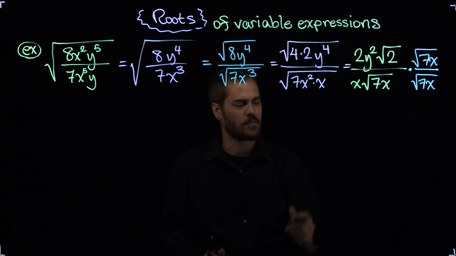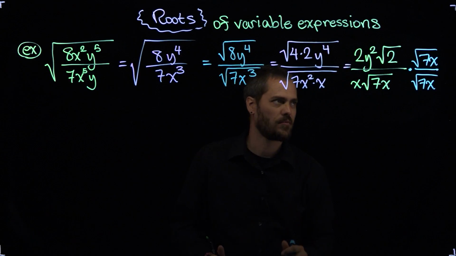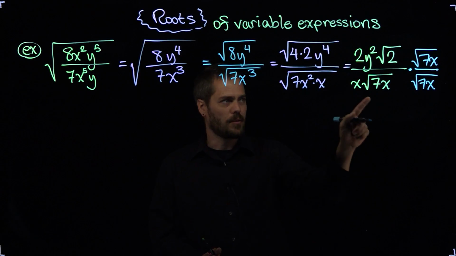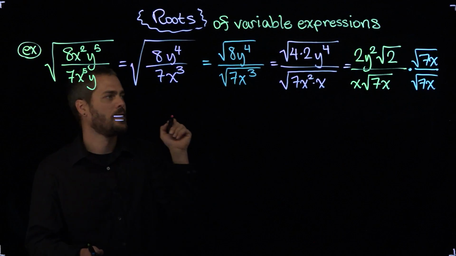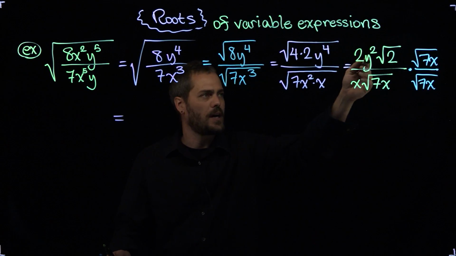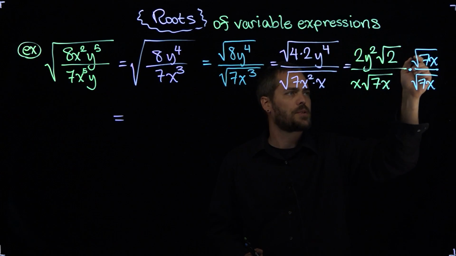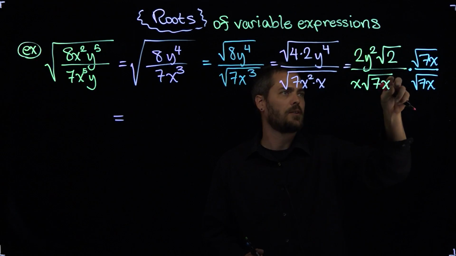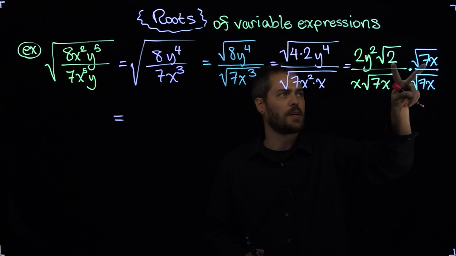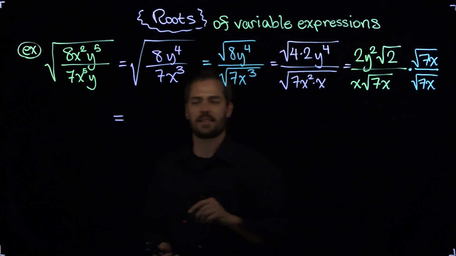There are other clever ways to not have to repeat yourself, but let me just continue from here and see what we get. So, on the top, 2y squared. Root 2 times root 7x. Remember, when you're multiplying a couple roots, you can just use one root symbol and multiply the insides to get something on the inside.